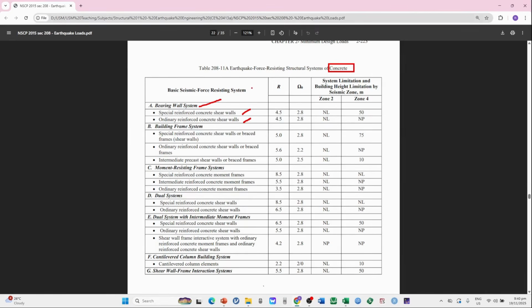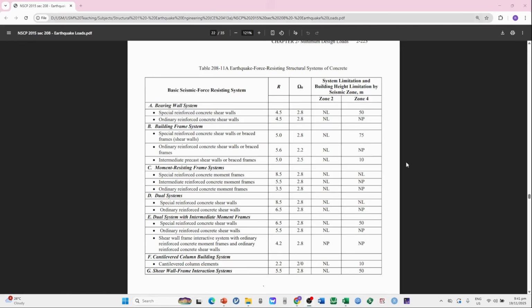There are design or detailing guides or standards on how we can design and classify a system as special or ordinary. You can see here in bearing wall systems we have this R, the overstrength factor, and this is the seismic amplification factor.